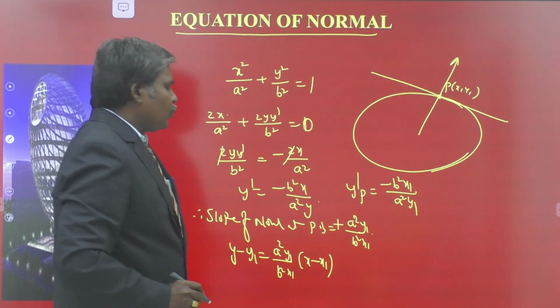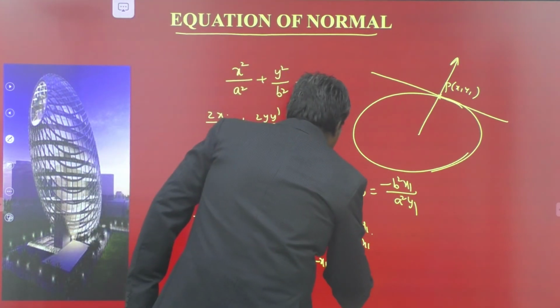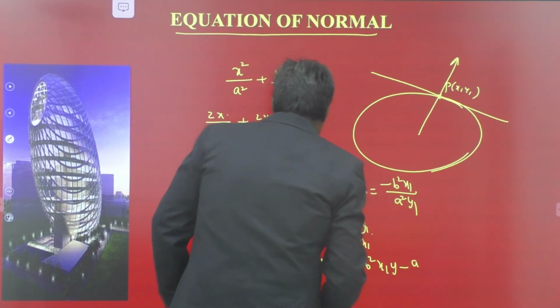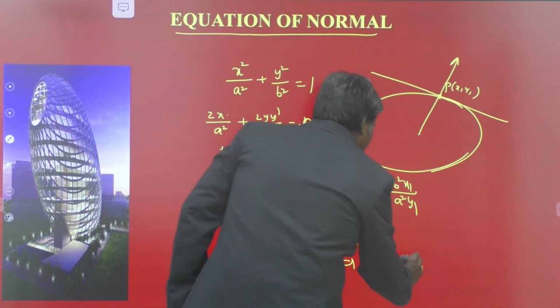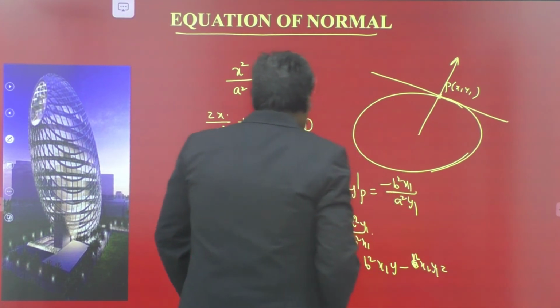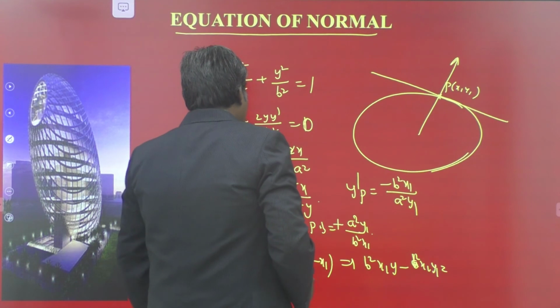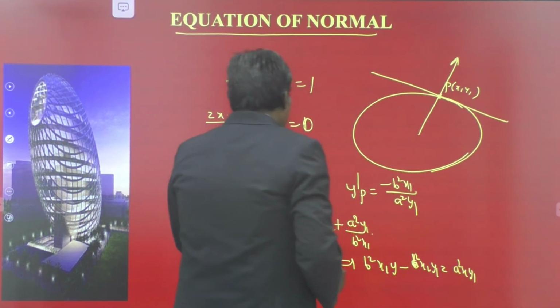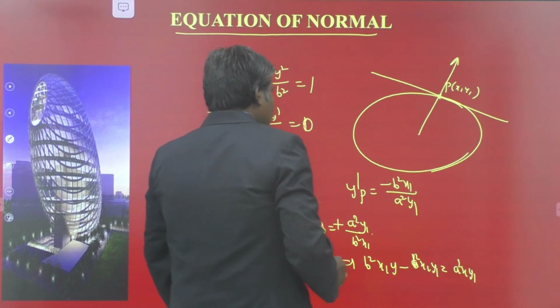On simplifying, we get the equation of normal implies b square x1 y minus b square x1 y1 is equal to a square x y1 minus a square x1 y1.